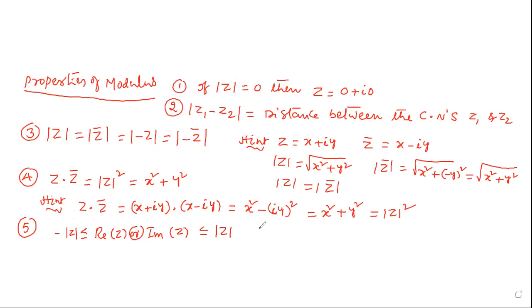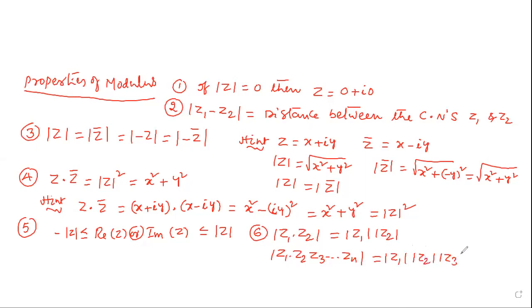Sixth point: the modulus of z1 times z2 is equal to the modulus of z1 times the modulus of z2. The general form is |z1 z2 z3 ... zn| = |z1| |z2| |z3| ... |zn|.